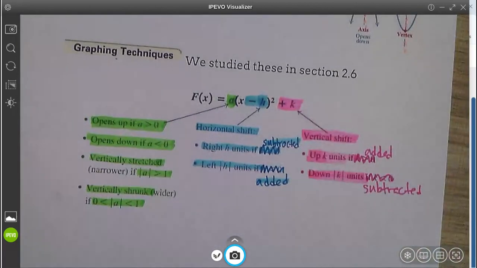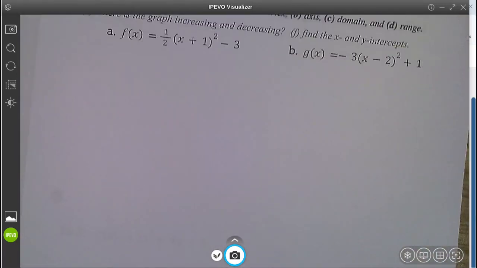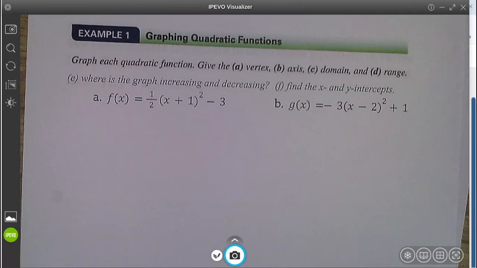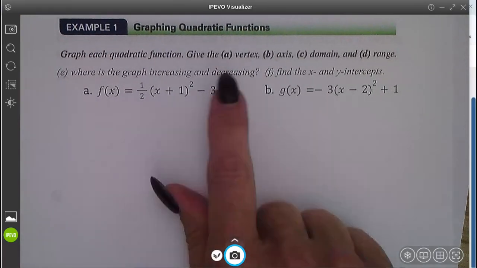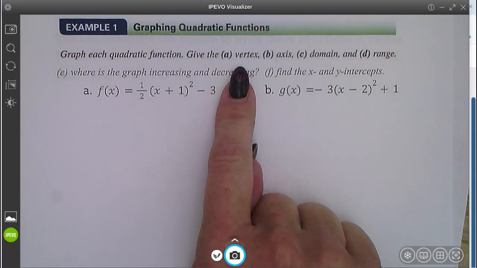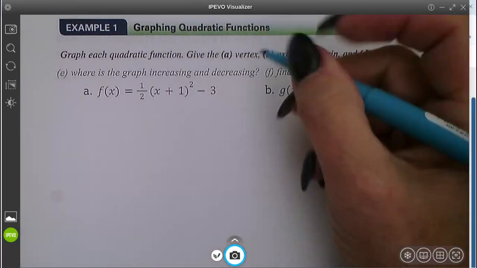Let's practice doing some of these graphs, because then we're also going to tell things like where is the graph increasing and decreasing, and we're going to find the x and y intercepts. So we'll have to do a little bit of figuring out how to do that. So give the vertex. The vertex is going to be found by figuring out where the start point is.